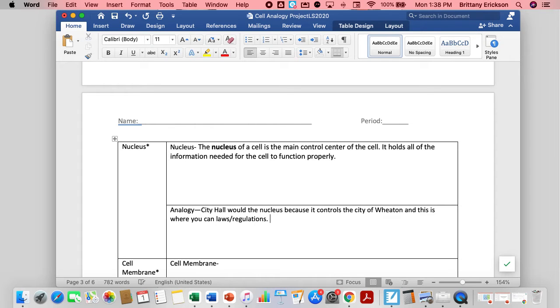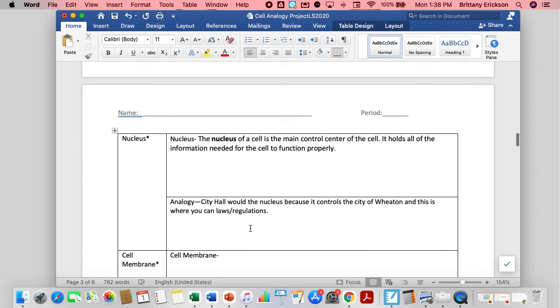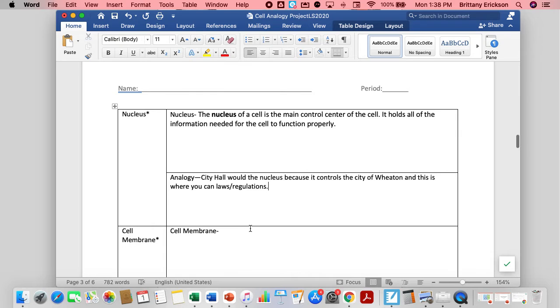The mayor works here, etc. You'd go on and maybe describe what the mayor does. So this bottom half is for your analogy.